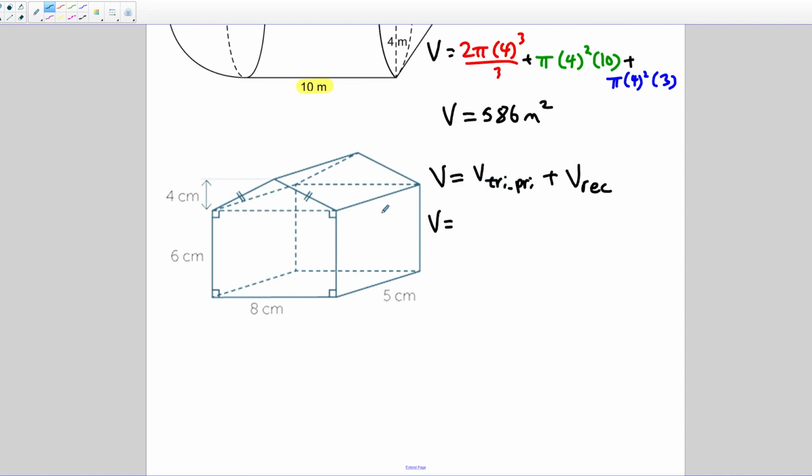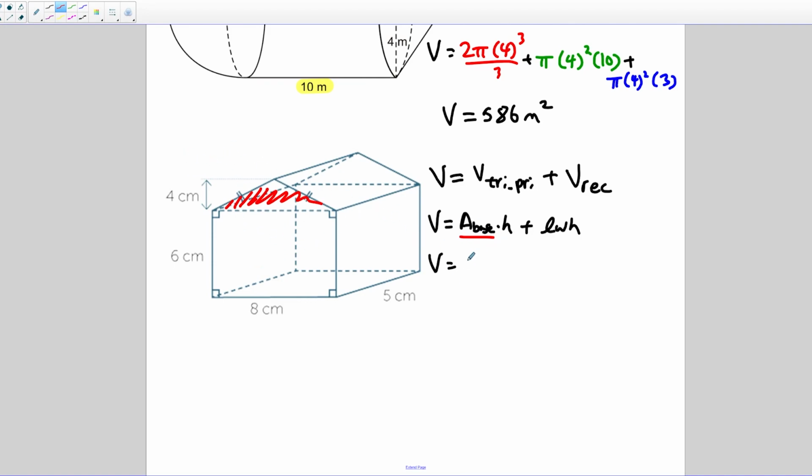So the formula for the volume of a triangular prism is really just the area of your base times your height. And then for your rectangular prism, it's just length times width times height, so nothing too crazy. So the only potential tricky part about this is remembering that the area of your base of your triangular prism is going to be that triangle.